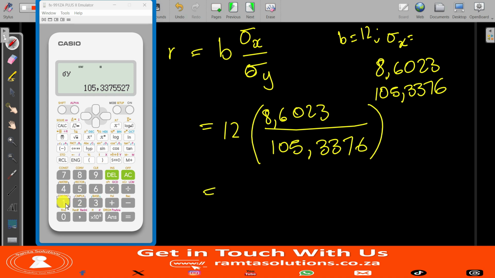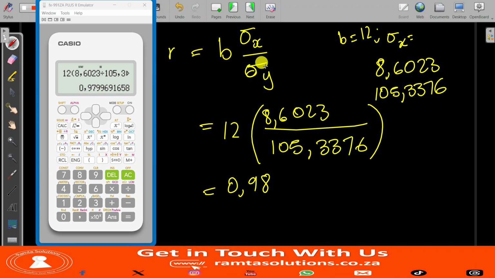Now we can say this is 12, open bracket, 8.6023 divided by 105.3376, right? So let's see what the value of R is. The value of R is 0.98.